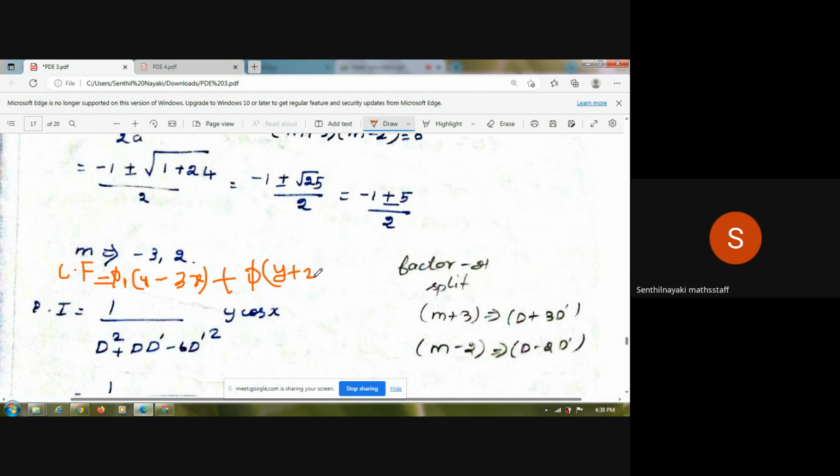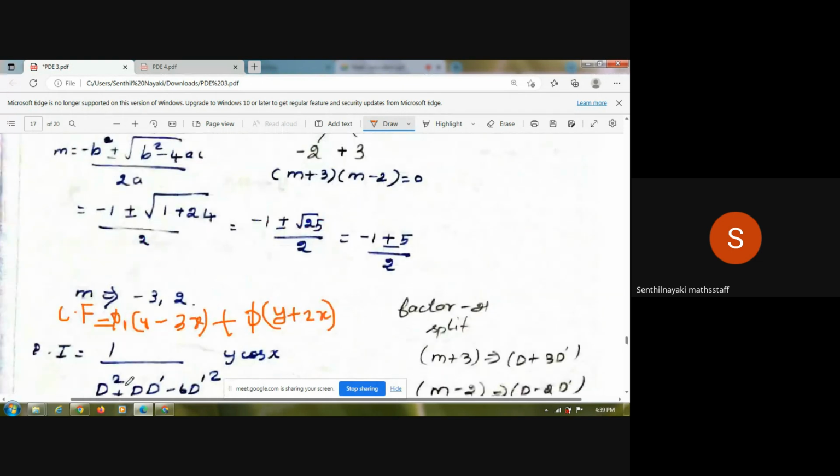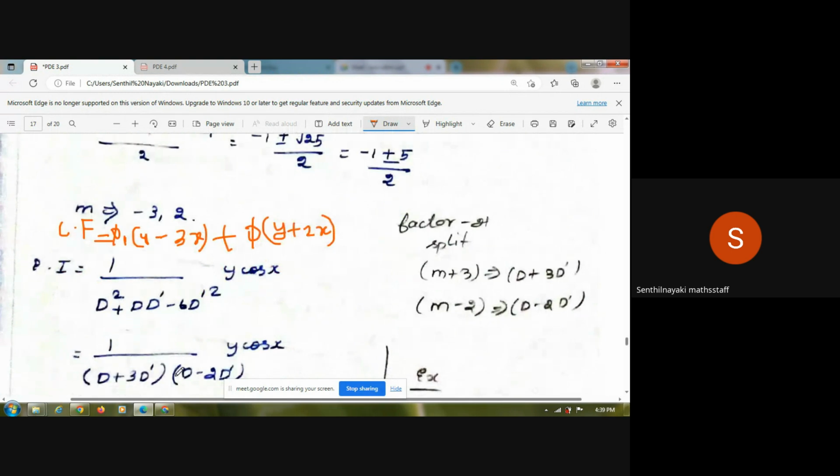Next we have to find out the particular integral. So the particular integral is 1 by d square plus d d dash minus 6 d dash square into y cos x. This can be written as the product of two factors. So for these factors, we can use these roots.